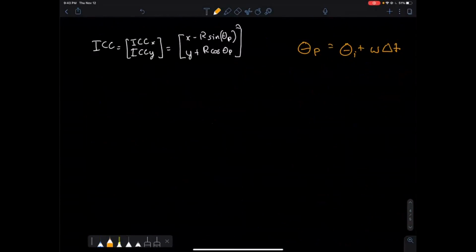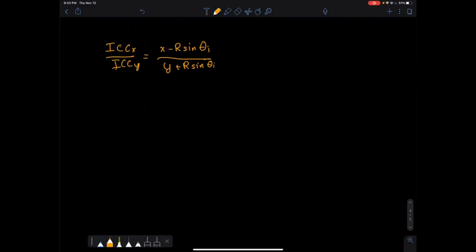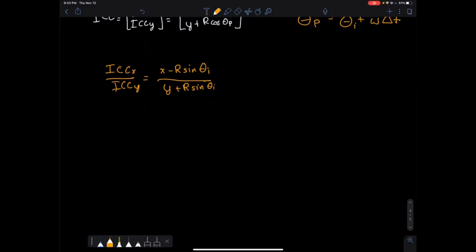The way we calculate that is we do ICC X over ICC Y equals X minus R sine theta I over Y plus R sine theta I. Where Y and X are 0 because we're starting off at 0, 0. And from that, we pull that ICC X over ICC Y is equal to sine of theta I over cosine of theta I. Oh, I wrote this equation wrong, I'm sorry.